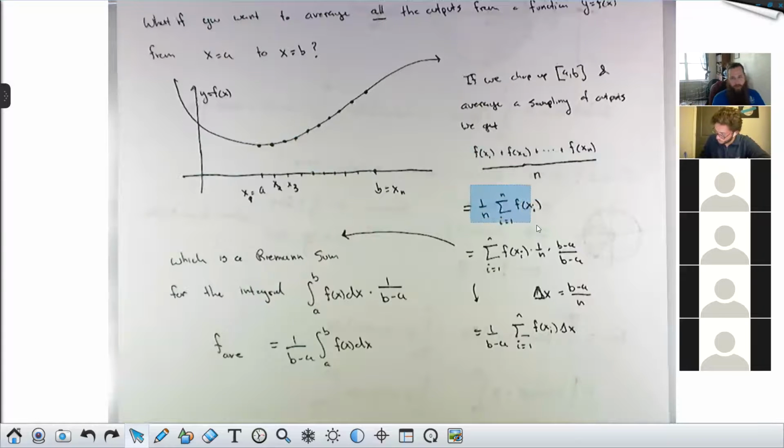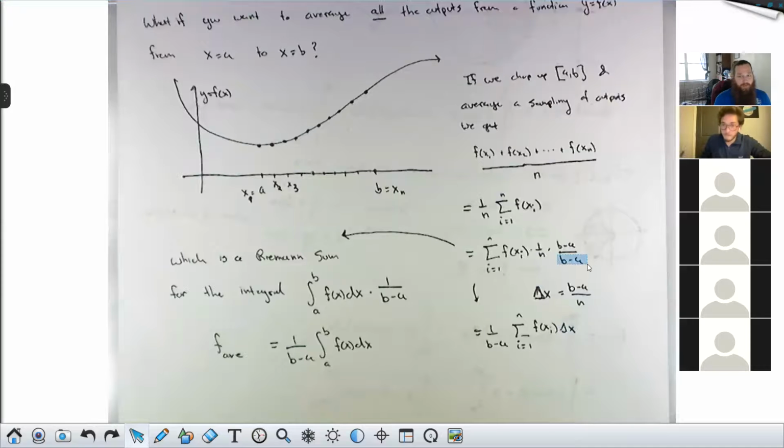You can rewrite that in sigma notation like this. Then you pull the 1 over n inside and multiply by b minus a over b minus a. Then I take the 1 over n and the b minus a from upstairs. I combine those into b minus a over n. That's your delta x.